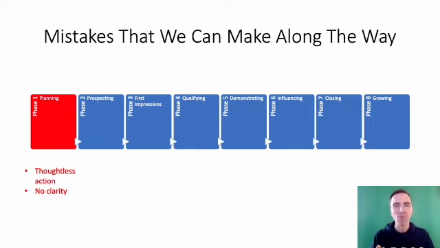Often businesses become reactive and just take on any business for the sake of making money rather than really specializing and knowing exactly who they serve best, where the work is really profitable and highly enjoyable at the same time. So having clarity about who you want to serve, how you're going to go about serving them, and how the client journey may look over time, that is again part of the planning stage.